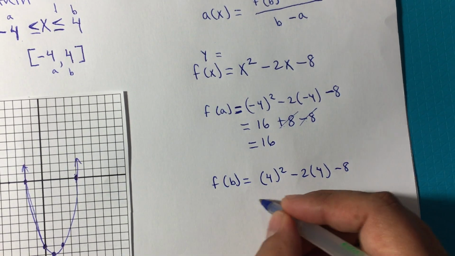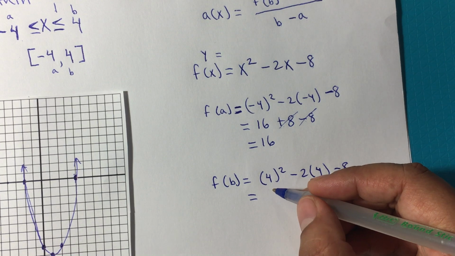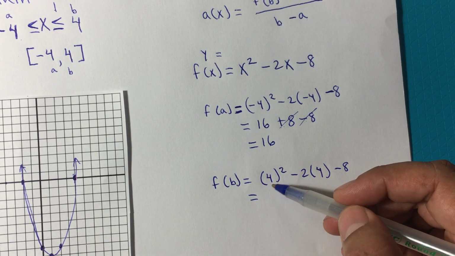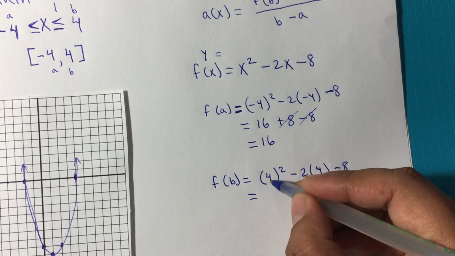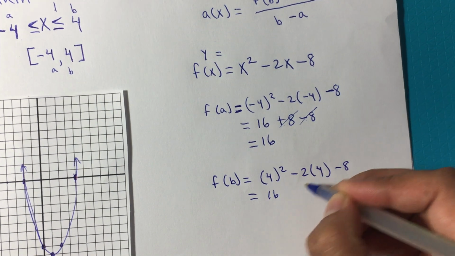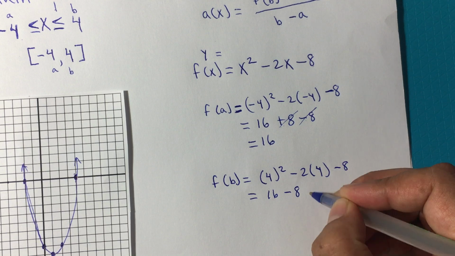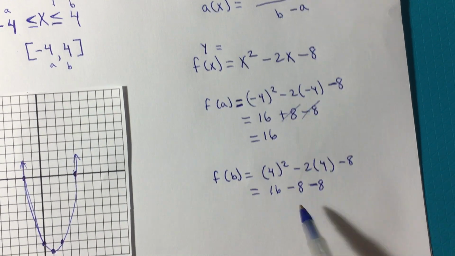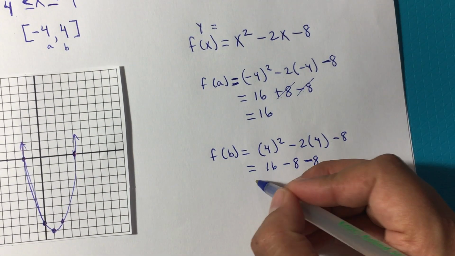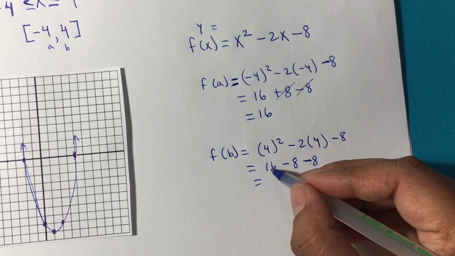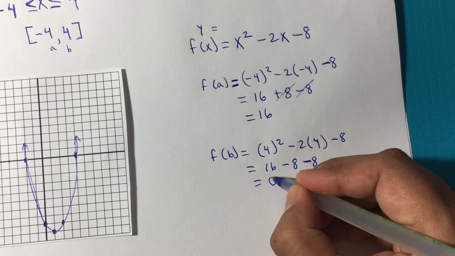Again, we're just finding the value of y when x is positive 4. 4 squared is 16, negative 2 times 4 is negative 8, bring down the negative 8. Negative 8 and negative 8 is negative 16, but we have positive 16, so that's 0.